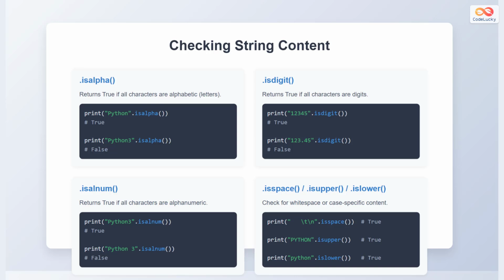Finally, we have the .isspace, .isupper, and .islower methods. .isspace checks if all characters are whitespace, .isupper checks if all characters are uppercase, and .islower checks if all characters are lowercase. For example, "\t\n".isspace() returns true because it contains only spaces, tabs, and new lines. "PYTHON".isupper() returns true, and "python".islower() returns true.